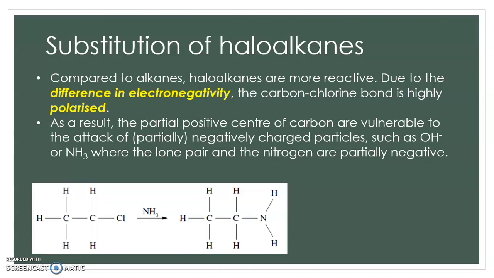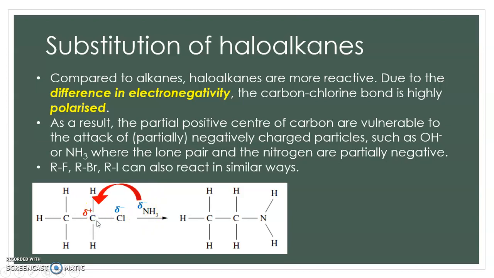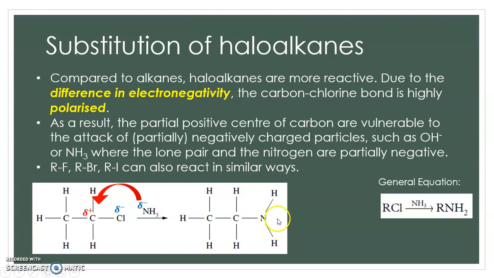So, for example, in this case, we have a carbon-chlorine bond that is polarized. The partially negative center of the nitrogen in ammonia can attack this carbon and therefore kick out this chlorine and replace it. And in that way, it actually produces an amine.